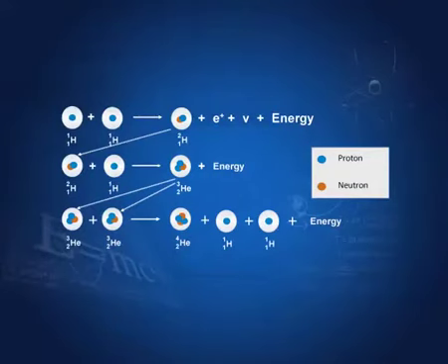And we shall see this process is achieved in 3 steps. One hydrogen nucleus, that is a proton, and another proton, they come together. How they come together I shall discuss in a moment, but they come together and form a deuterium nucleus, which contains one neutron and 1 proton, and in the process a positron and a neutrino are released, and energy of course is released.